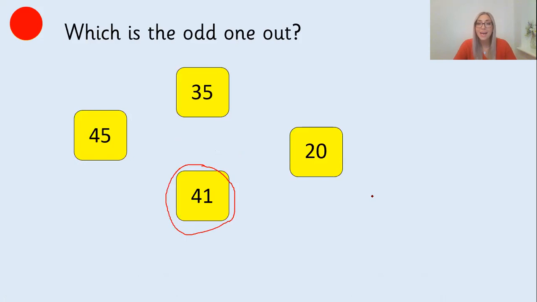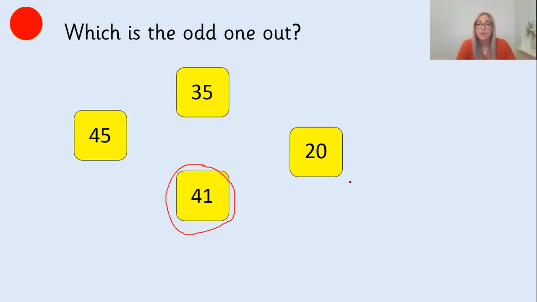And then we had our odd one out. So I have circled, and this is where it's amazing if you have been able to explain your answer. So for this one, I have circled 41 because 41 ends with the last digit 1, whereas the rest are when we are counting in 5. So they end in a 5 and a 0.